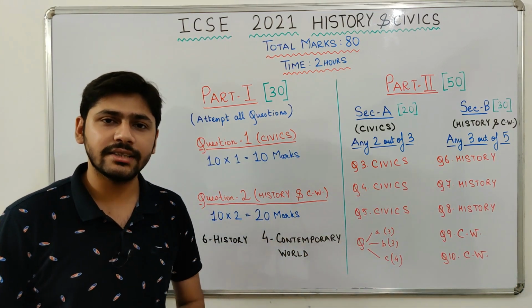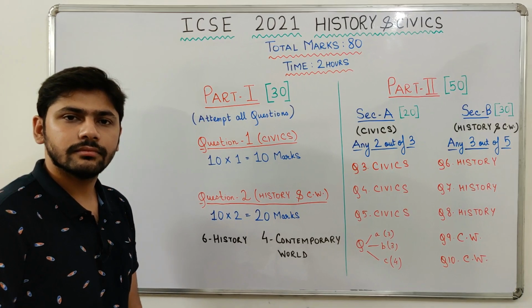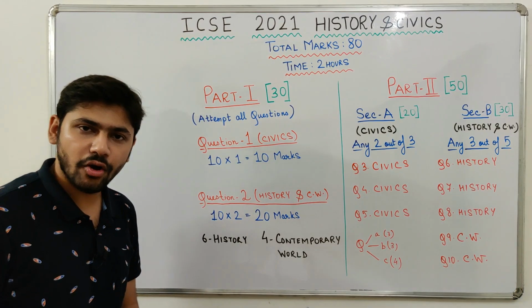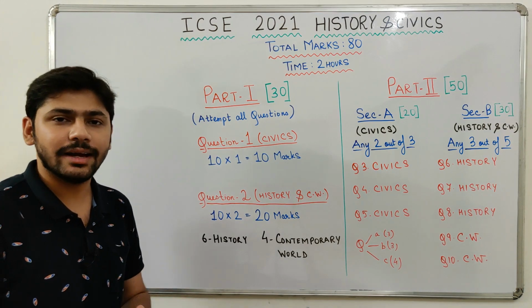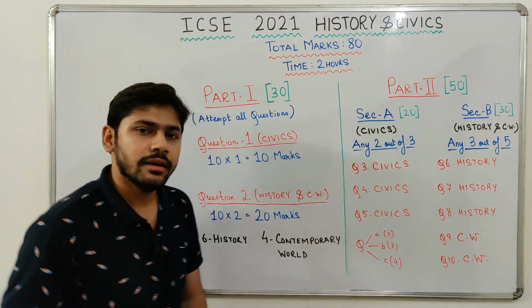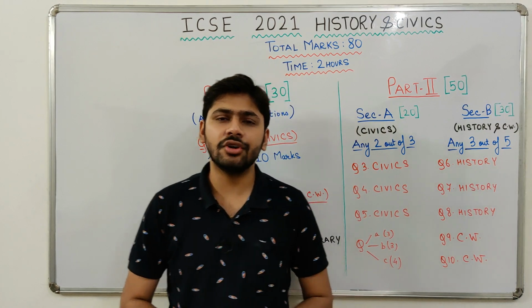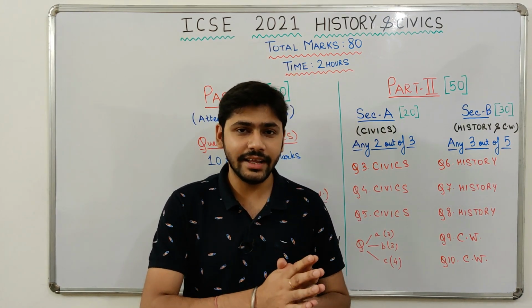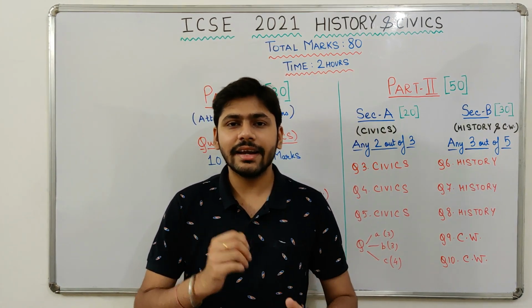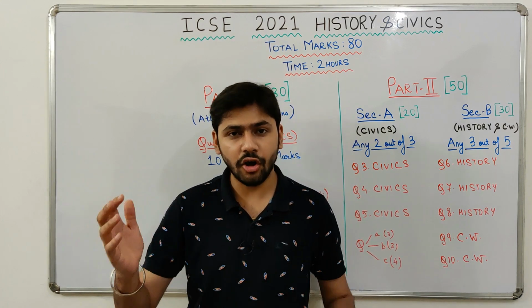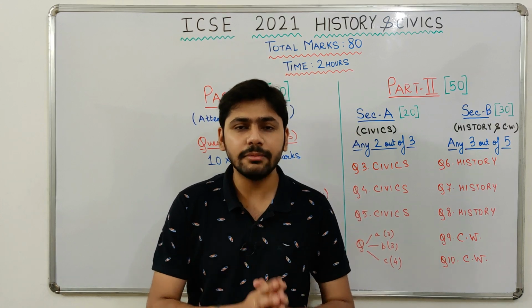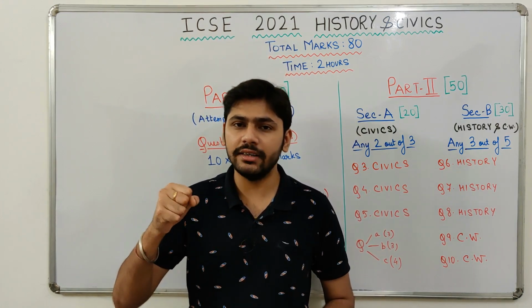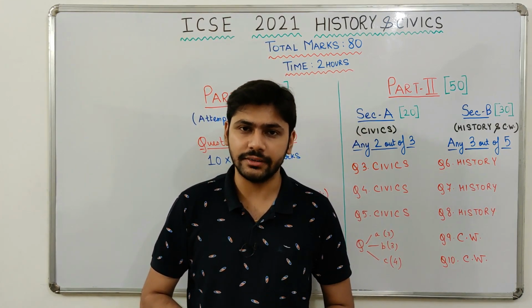Now we will move on to the next tip. Moving on to tips that you can follow while preparing for the history and civics examination to maximize your score. The first thing with the preparation of history and civics is reading and writing. Reading entire chapters thoroughly and writing the important topics of those chapters becomes very important to grasp the points and to remember those points.